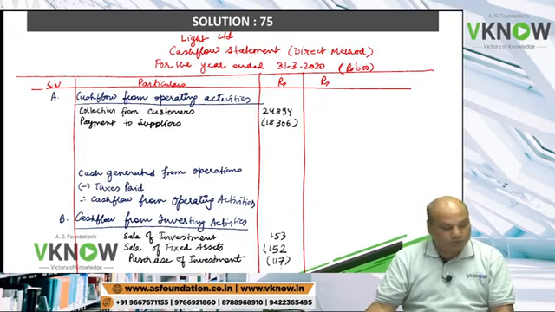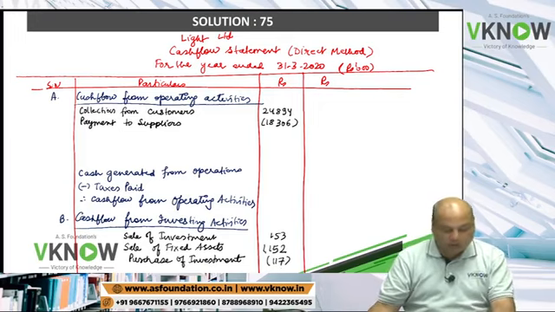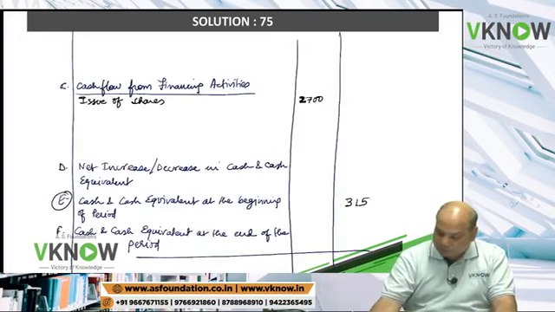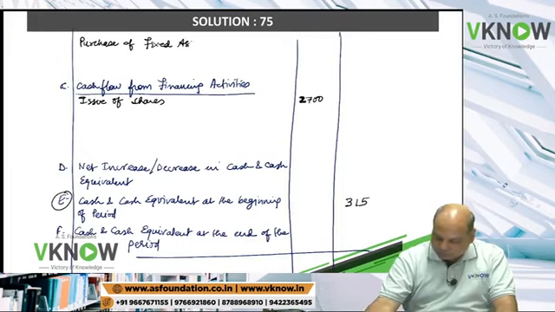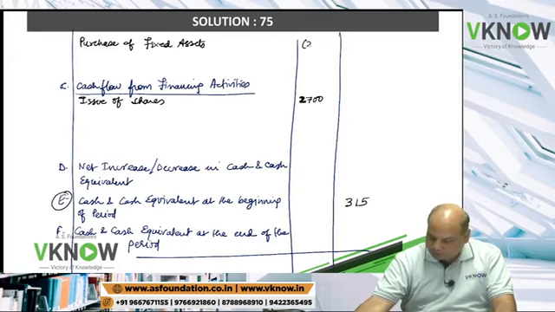It is an outflow. Then purchase of fixed asset, again investing activity. Purchase of fixed assets in bracket 2070.